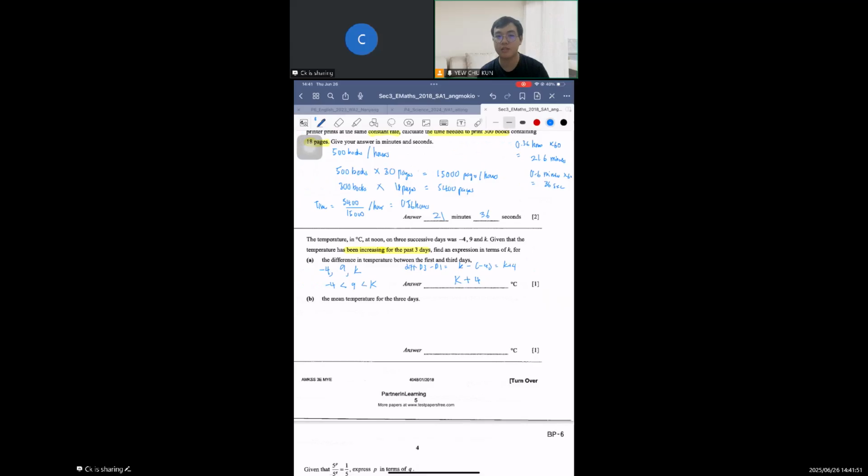Very simple, right? Just find the difference between the third day and the first day. The third day is k, the first day is negative 4. k minus negative 4 equals k plus 4.